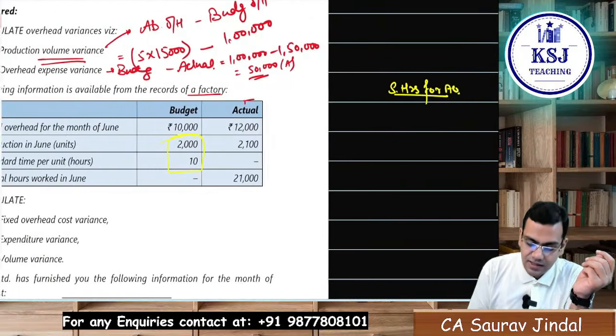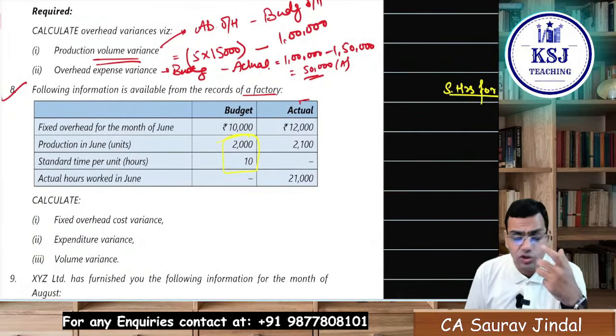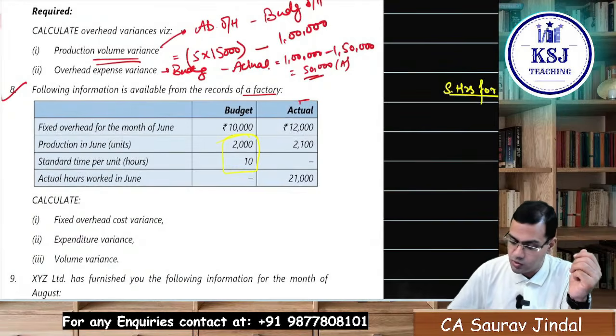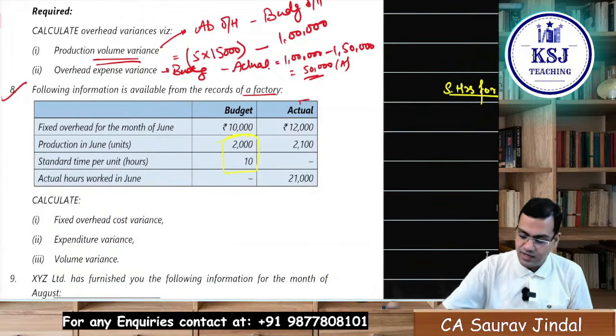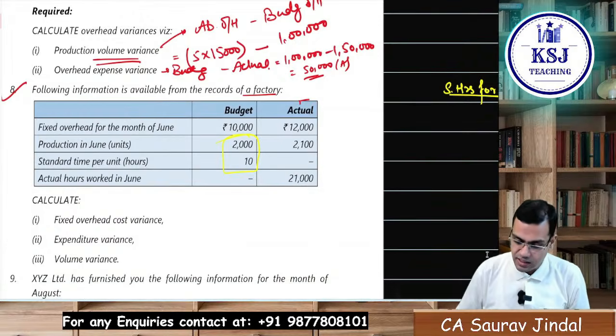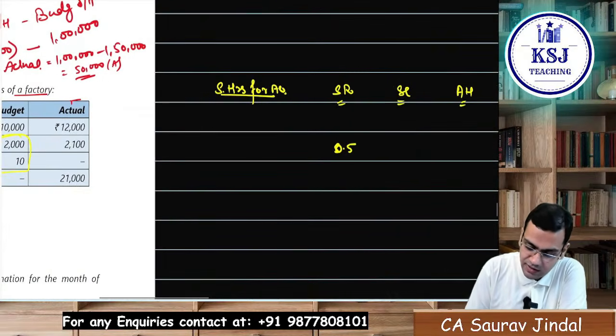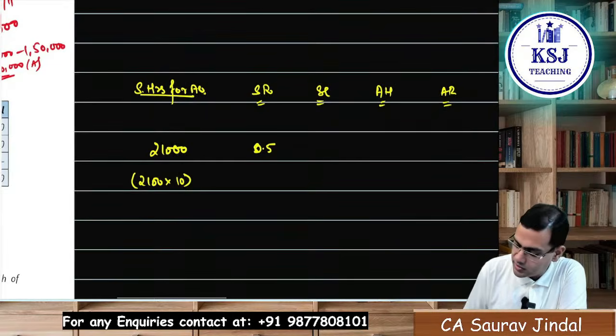What will be the standard hours for the actual output? The actual output is given as 2,100. So what will be the standard hours for 2,100? That is 21,000. 2,100 actual output multiplied by 10 hours, that is 21,000. So what is the standard cost?